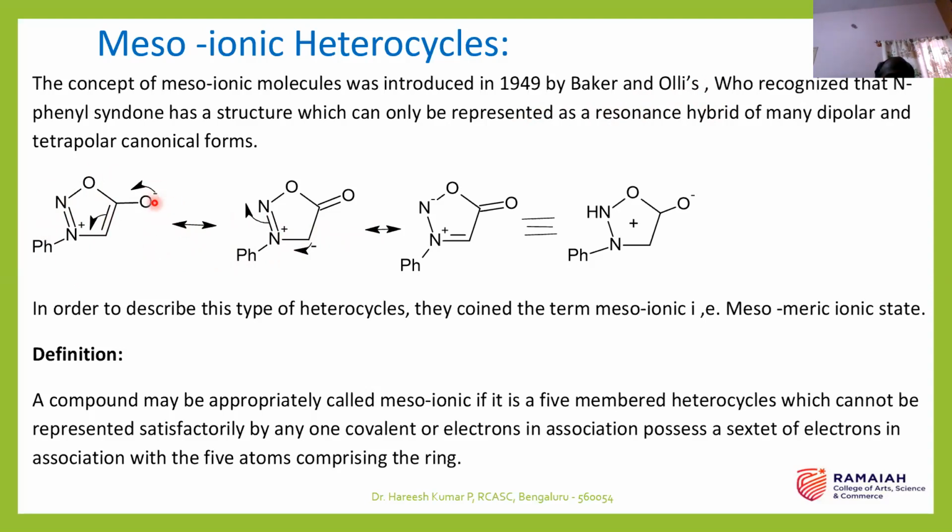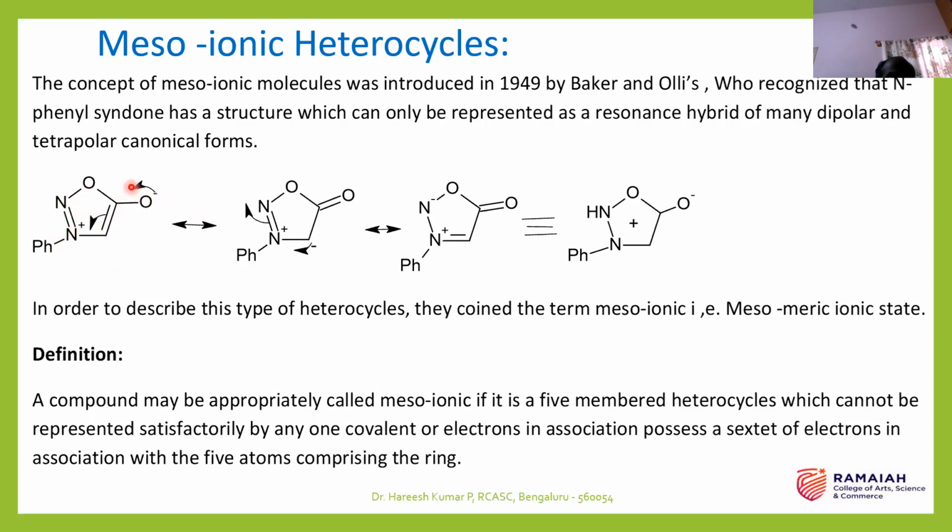Look here. There is a negative charge here, and here there is a positive charge. What you can observe here is 2 electrons here, 2 electrons here, and also 2 electrons from the oxygen, or maybe from the anion part. That means this exhibits a resonance form, it is planar, and it exhibits an aromatic moiety. But what we are interested in is that it has two ions, a negative charge and a positive charge, and there is involvement of pi electrons.